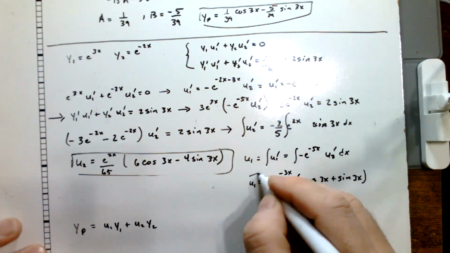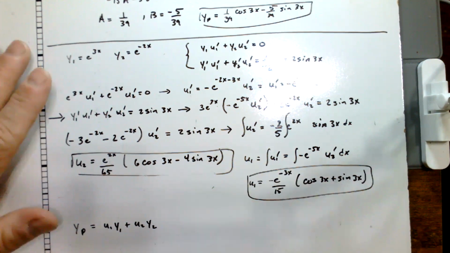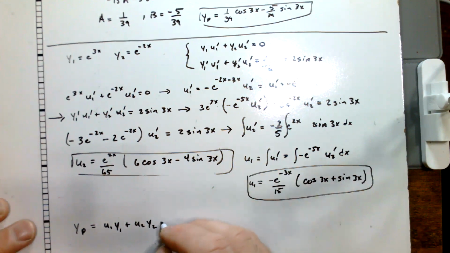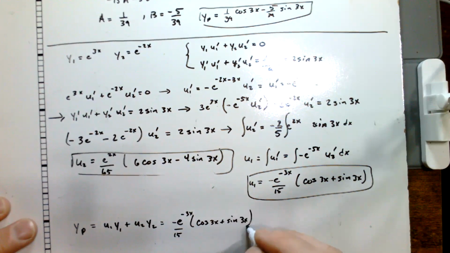So here's u1, and y1 and y2 are up here. If we just plug those in, this is negative e to the negative 3x over 15 times cosine 3x plus sine 3x.